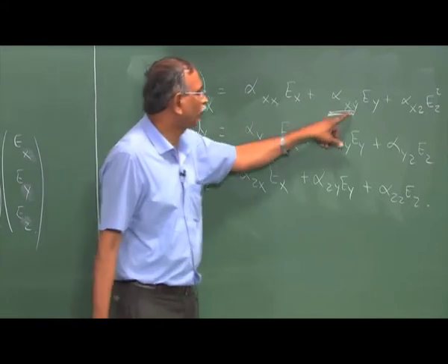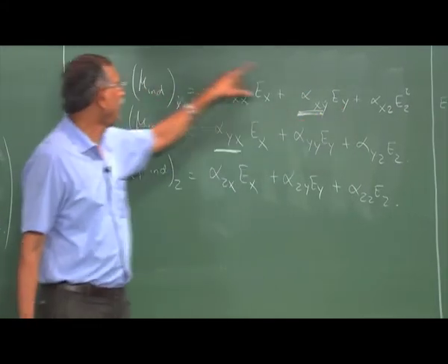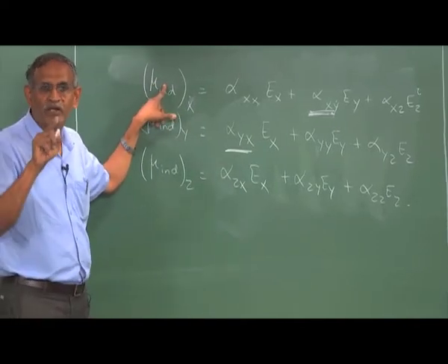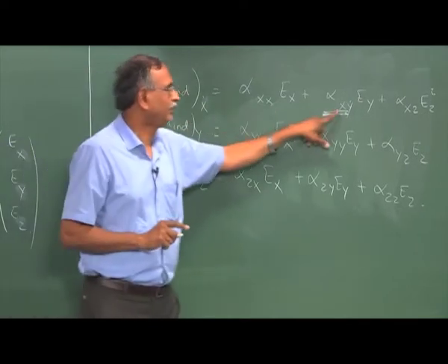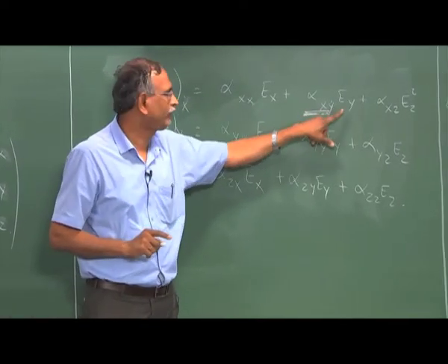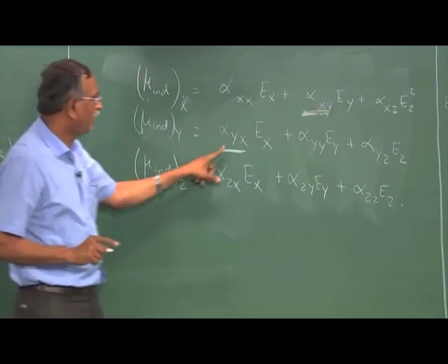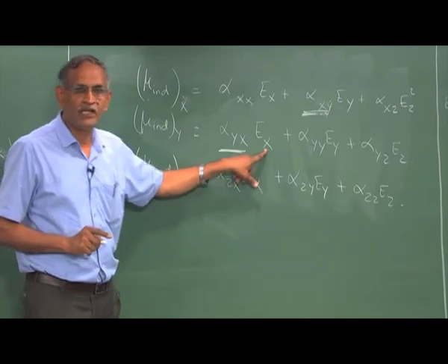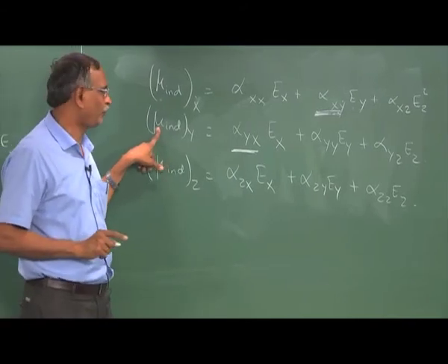You see the xy is a component due to the y component of the electric field inducing a mu induced dipole moment, but an x component. That connects, xy connects Ey to mu induced x. Yx connects the x component of the electric field leading to a y component of the mu induced.